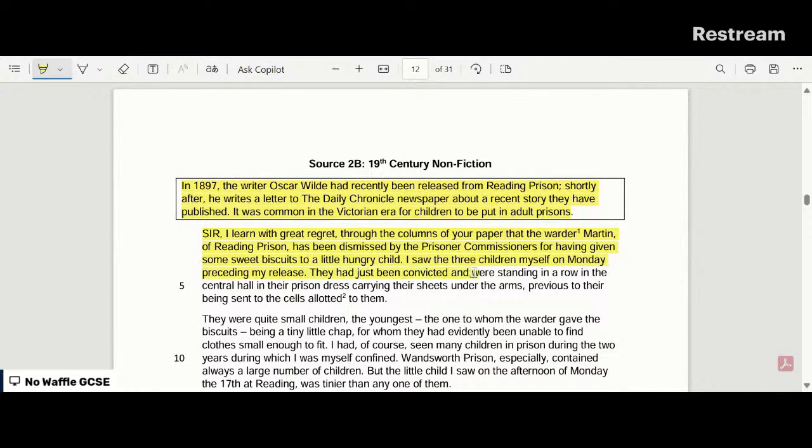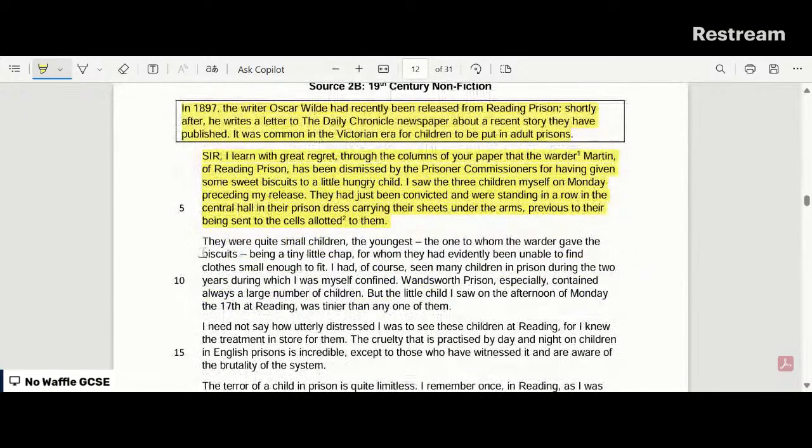They had just been convicted and were standing in a row in the central hall in their prison dress, carrying their sheets under their arms, previous to their being sent to the cells allotted to them. They were quite small children, the youngest, the one to whom the warder gave the biscuits, being a tiny little chap, for whom they had evidently been unable to find clothes small enough to fit.